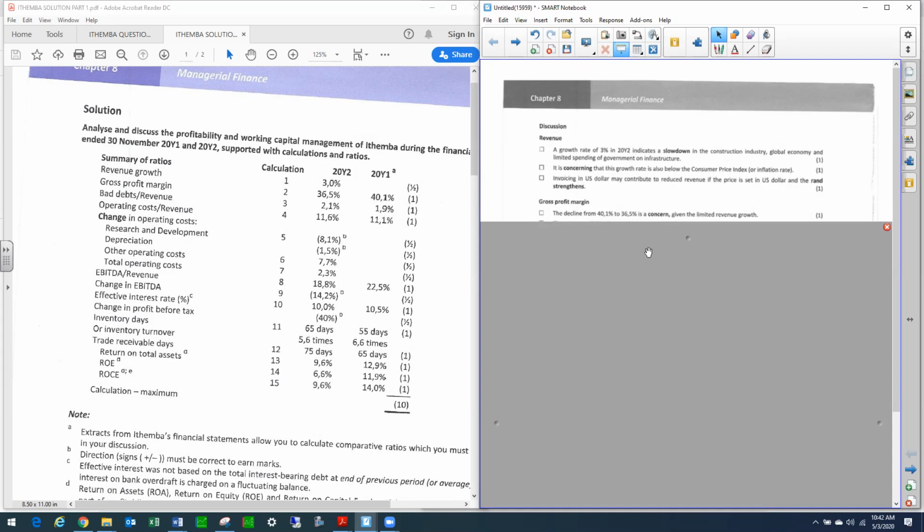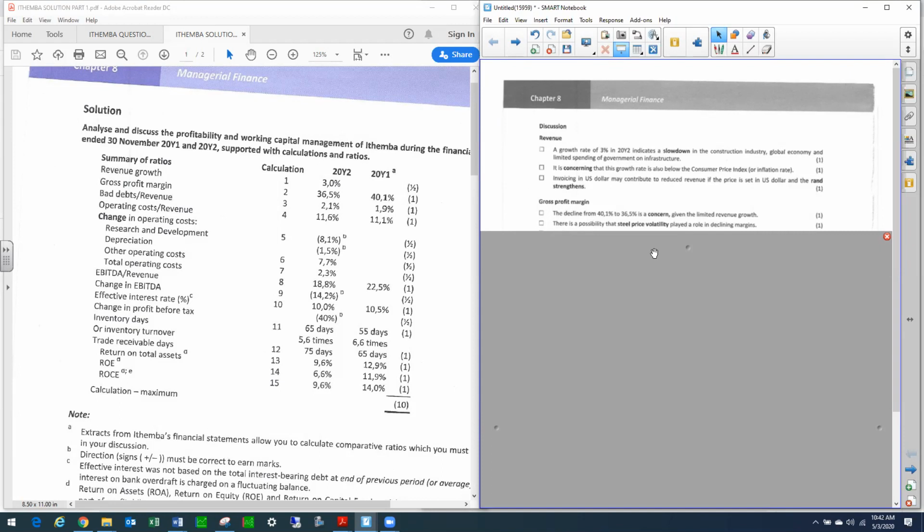What was in the question that you need to actually mention in your GP percentage, guys? Was it the volatility of the steel price? Volatility of the steel price. So basically the question said you've had huge volatility in the steel price. So there's possibility that steel price volatility played a role in declining margins.